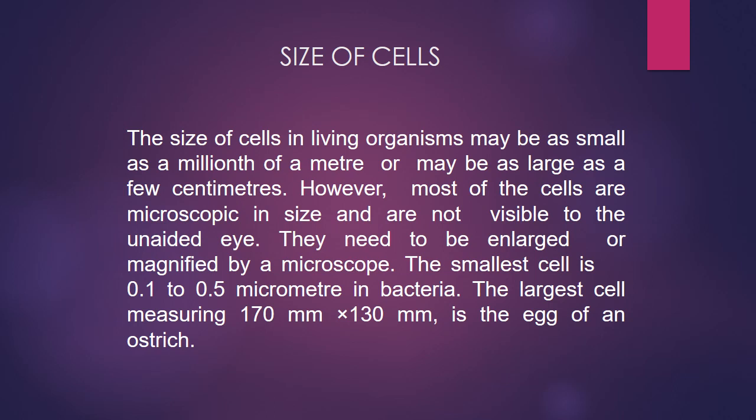So ostrich egg is the largest single cell, and the smaller cells include the bacteria. They are very small. We cannot see these cells with the naked eye. We need a high power or magnified microscope to study these cells.